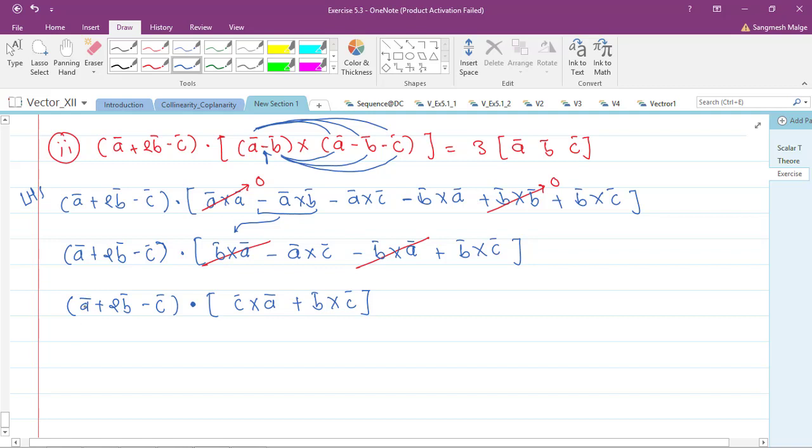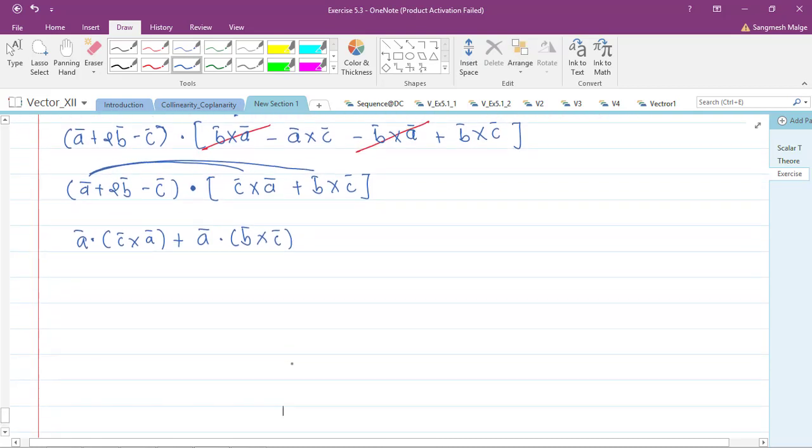So what you can have, A bar dot these two terms, so A bar dot this plus A bar dot this. Okay, so A bar dot C bar cross A bar, so you have positive sign in between those two, so plus A bar dot B bar cross C bar. First part.